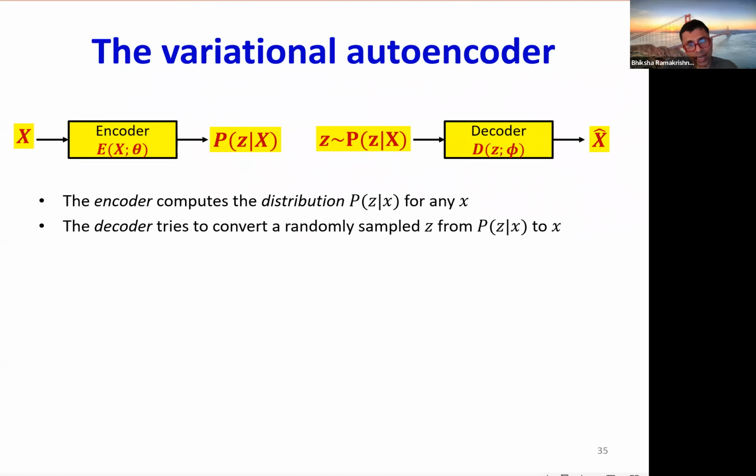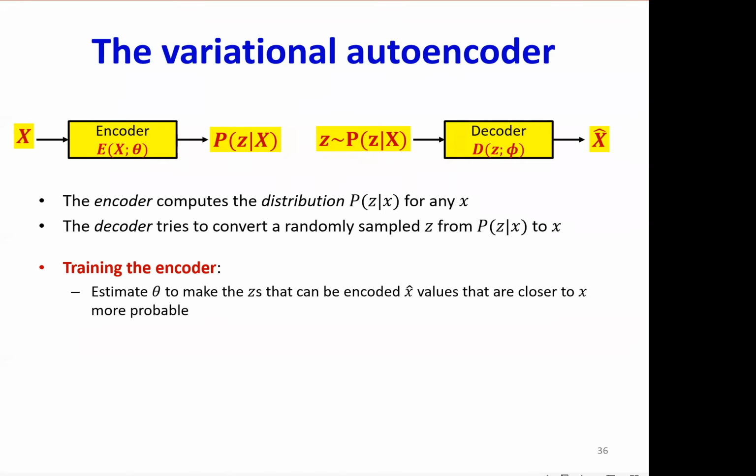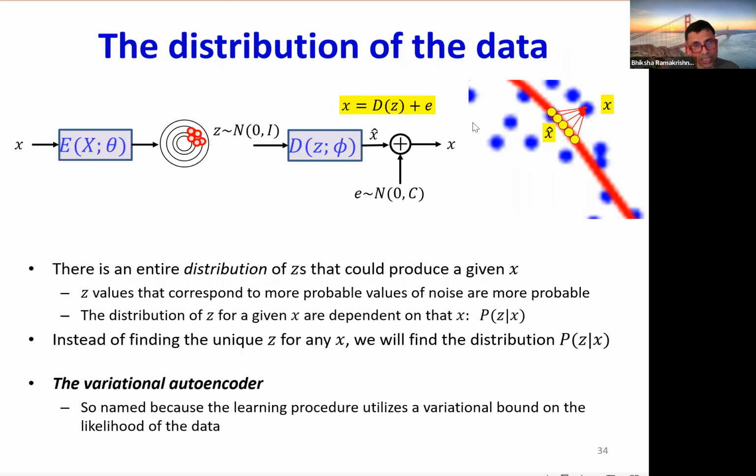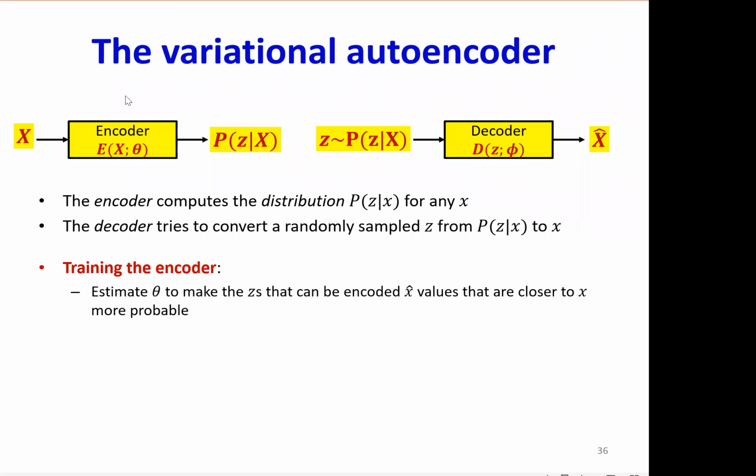And so now the mechanics of it are kind of straightforward at this point. The first thing we want to do is get the z's from the x. Instead of getting the z's, we are going to get the p of z given x, and for p of z given x, we're going to need this encoder.